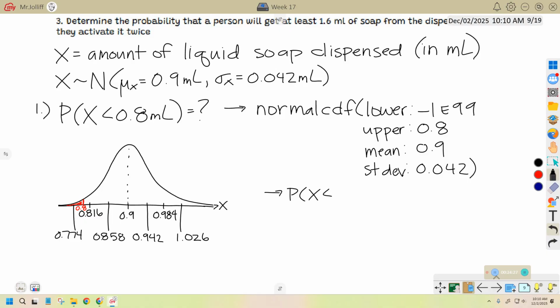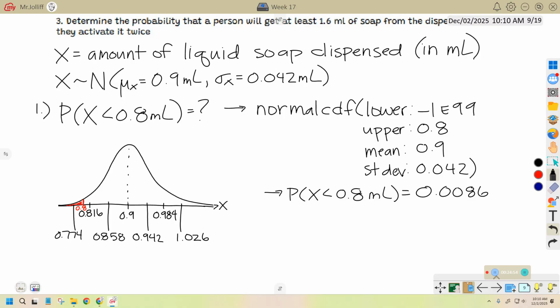So P(X is less than 0.8) is 0 point something. I see nodding. Caleb, what do you get? 0.008. Can I get thumbs up if you got what Caleb got? I see thumbs up. I see a bunch of people blindly copying without testing on their own calculator, frowny face.